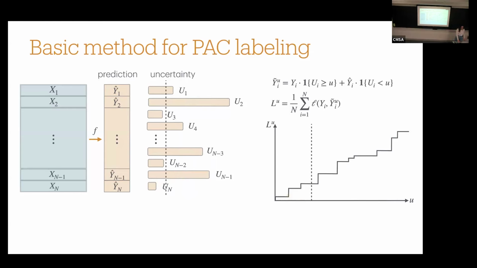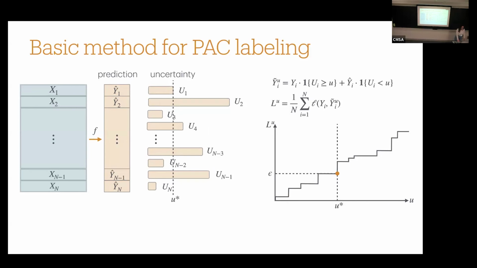So intuitively, I would hope to find this u star, which is the u where I exactly hit the error epsilon, because that's where I'm the least conservative. Now, of course, the issue here is that we don't know where this u star is because it depends on this loss function that's induced by picking u.